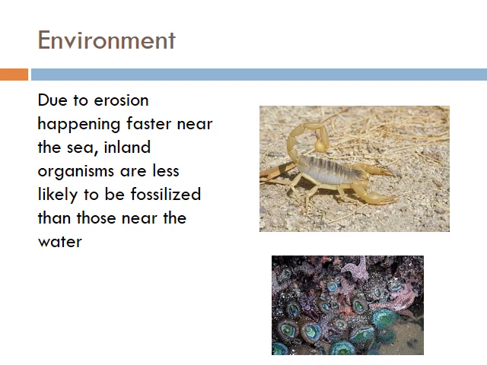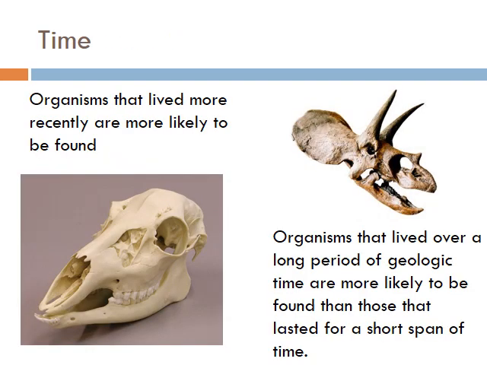Because of that, organisms that are in the desert are far less likely to get fossilized than those that are in the ocean, or in a wet environment. So we know a lot more about aquatic organisms than we do about desert organisms. Now, most of the planet at certain points of its life cycle was desert. So there are entire time frames of the Earth's history we know next to nothing about.